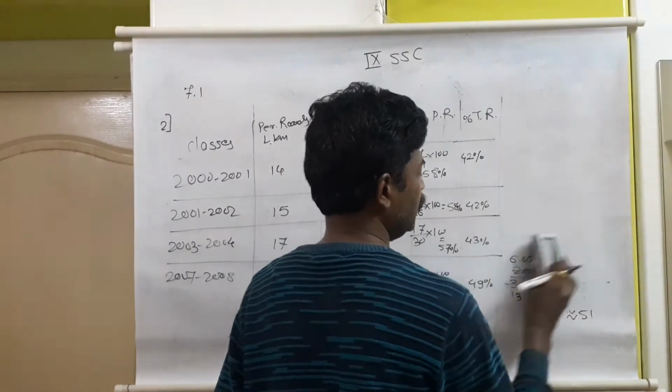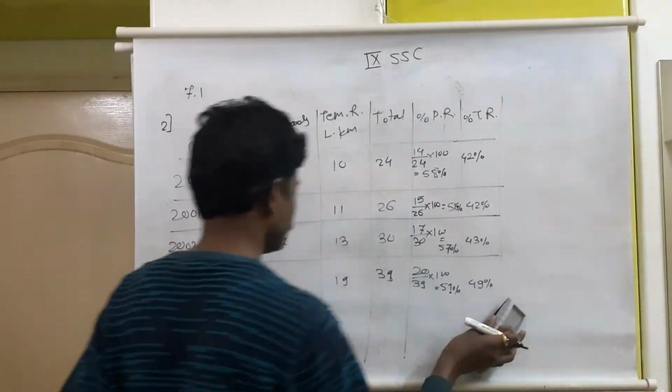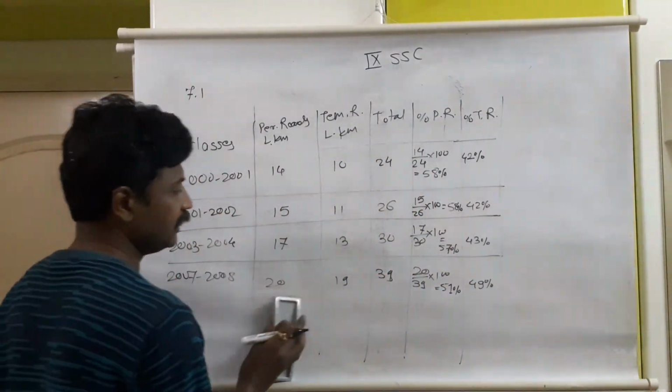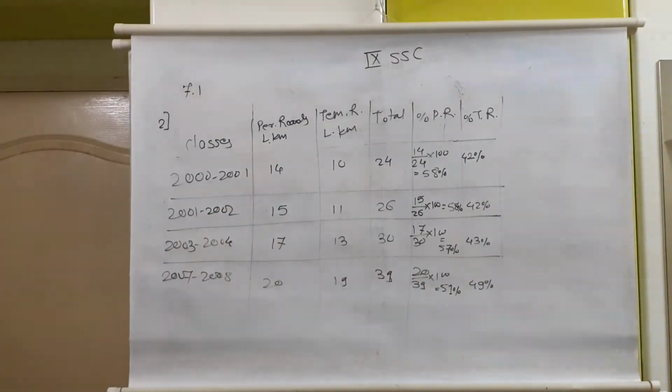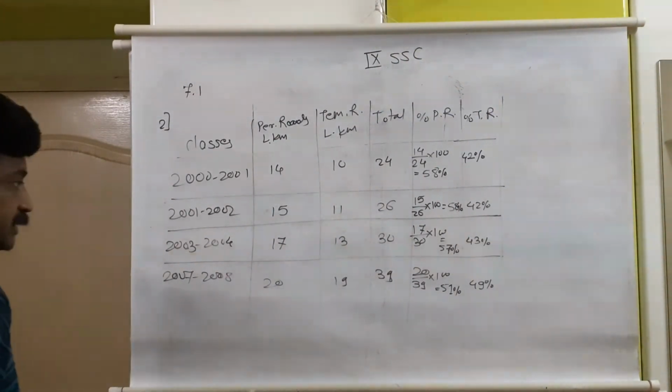Now with the help of this, we have to draw the percentage bar diagram. Also we have to draw the subdivided bar diagram, because in this question, 7.1 question number 2, two graphs are asked. First it is asked, using this, draw subdivided and percentage bar graph.